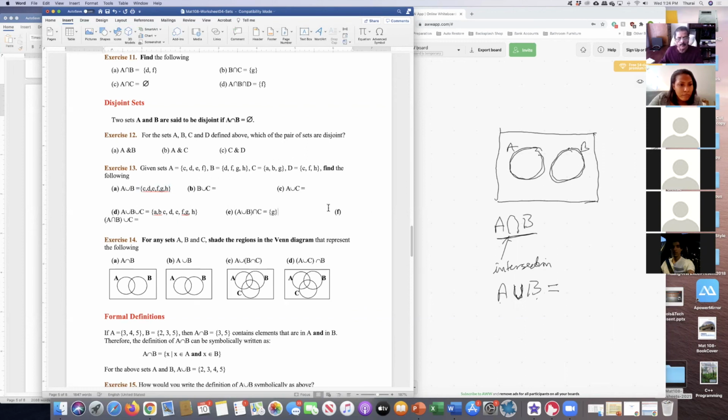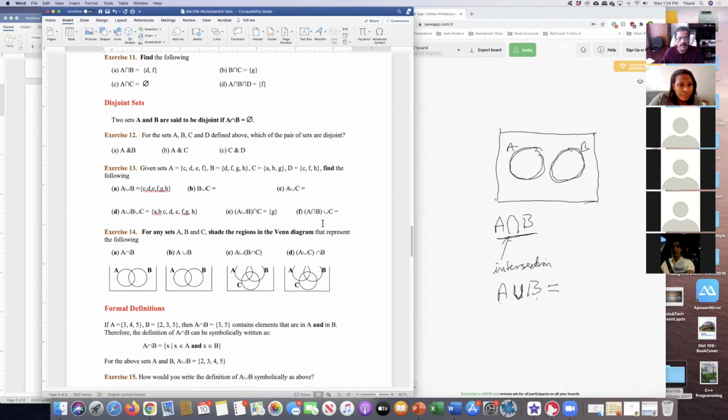As you can see, there are multiple operations, a union and intersection. When that happens, you have to do them in the right order, otherwise it'll be wrong. This one, A intersection B union C, means I had to find the intersection first.